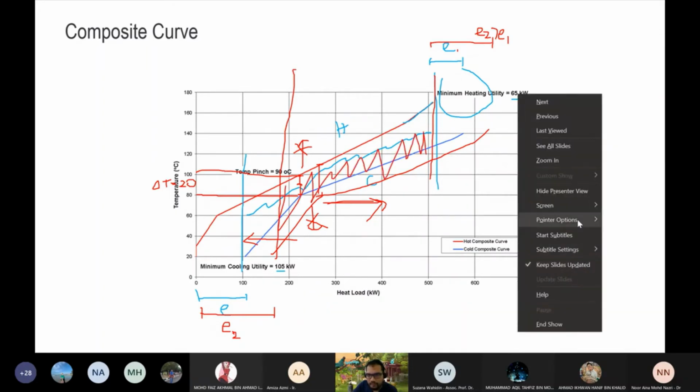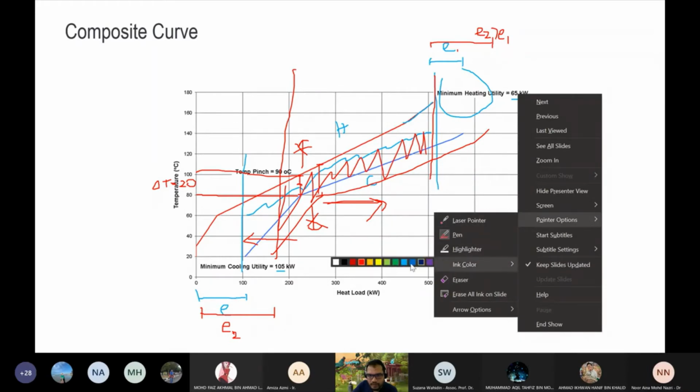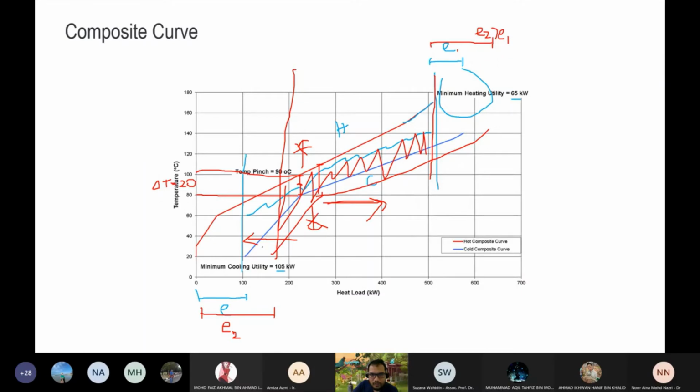Same goes if I put it to the left, in purple maybe. So if I put it to the left, for example, and this becomes something like this.